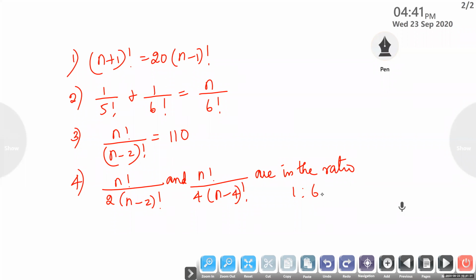Fourth one, n factorial by n minus 2 factorial and n factorial by 4 into n minus 4 factorial are in the ratio 1:6.